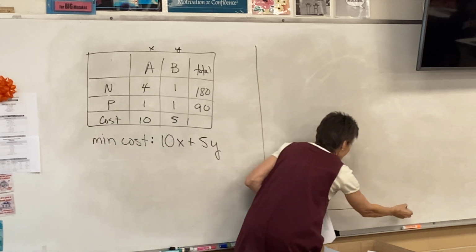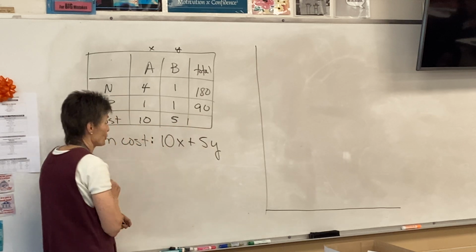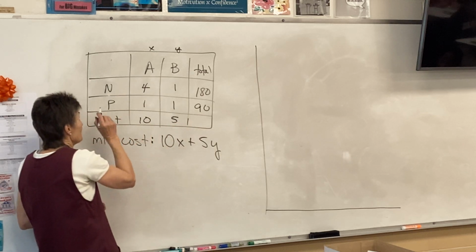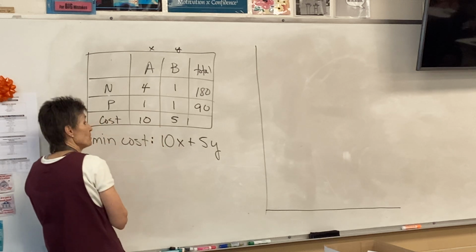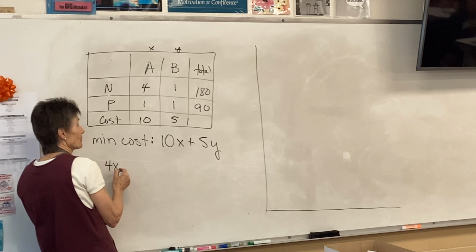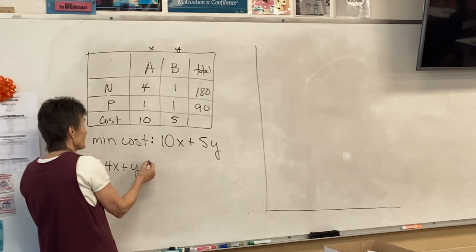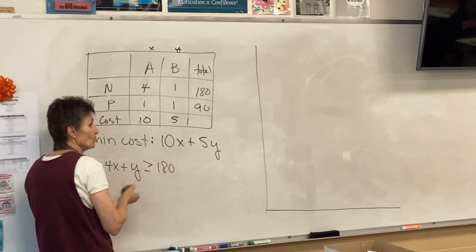Now, the things that I am going to graph are called the constraints. And they are going to come from your chart. We know that 4X plus Y has to be greater than or equal to 180.